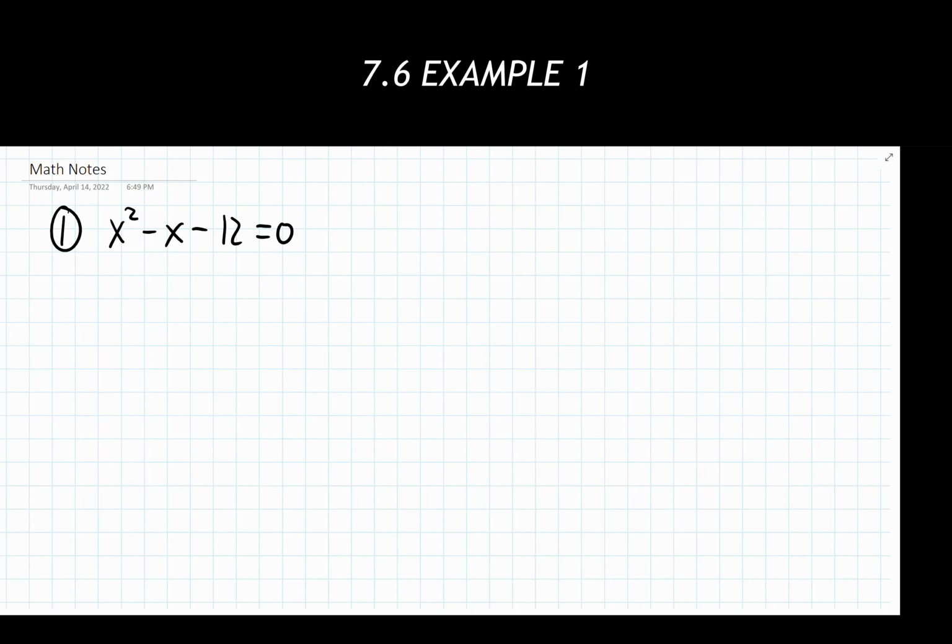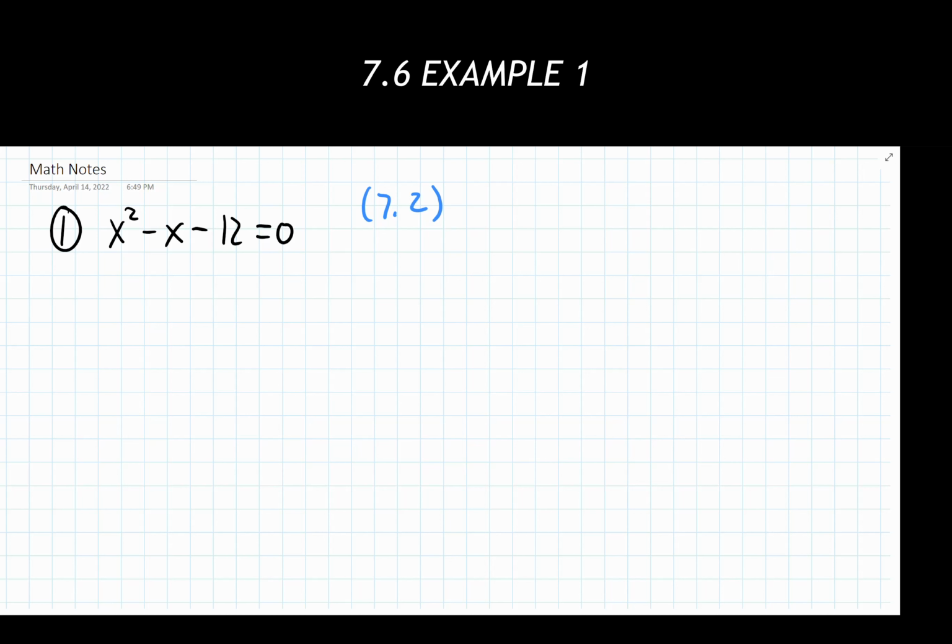We don't have a greatest common factor, so that's fine. We can't do anything there. We're looking to see, does this look like any type of problem that we have seen in our previous sections? And this, to me, looks like a 7.2 problem. So I'm going to factor this using the process that we learned in 7.2.